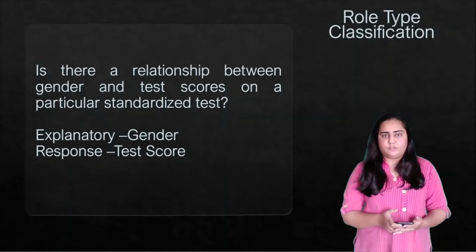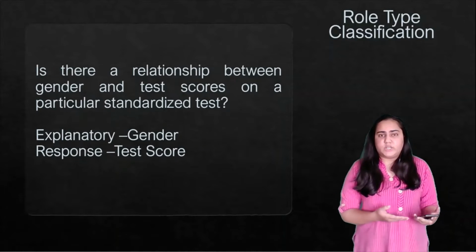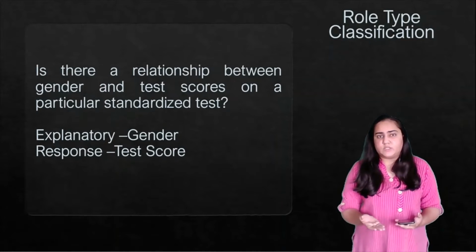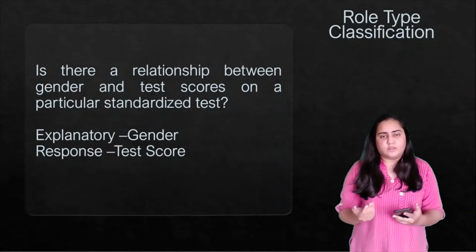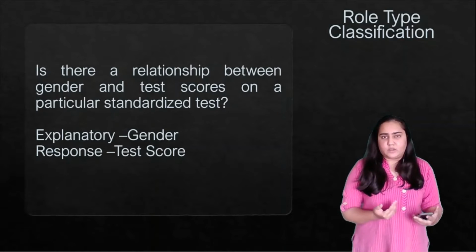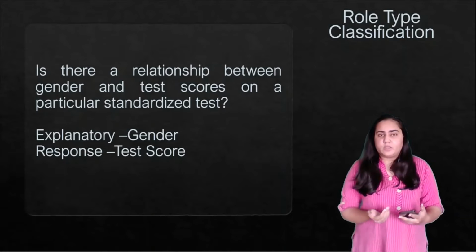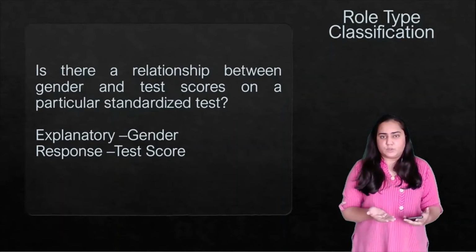Now, the first question we had was, is there a relationship between gender and test scores on a particular standardized test? So we are trying to find the relationship between gender and test scores. So there are two variables in play. One is gender, another one is a test score. Now, gender is something based on the question will be given to you.